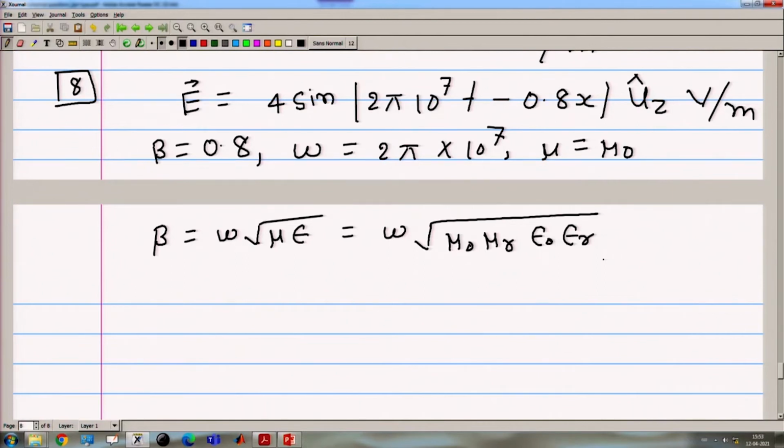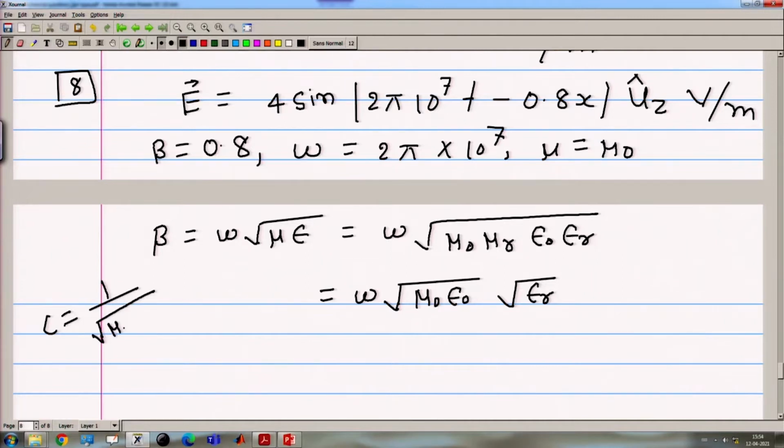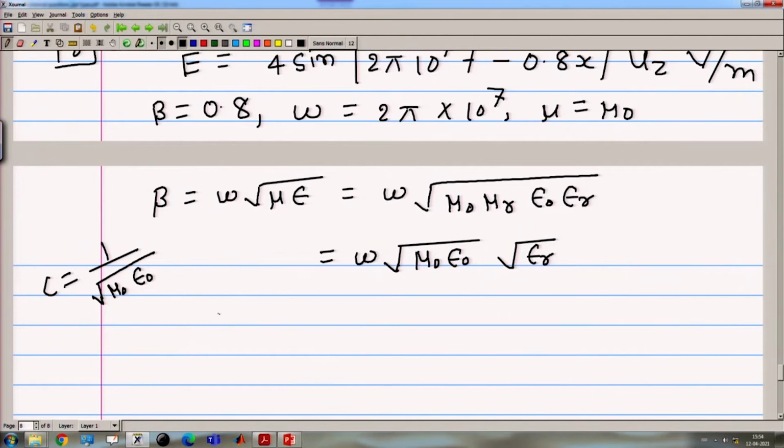We know c, that is velocity of light in the free space, is defined as 1 by root under mu naught epsilon naught. So, beta will be omega by c into square root of epsilon r.